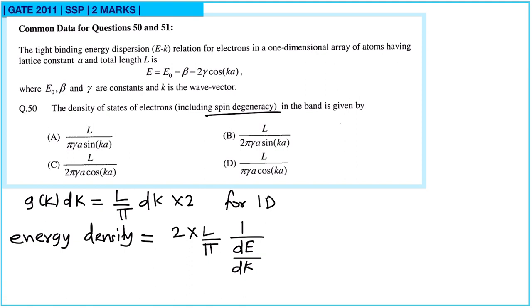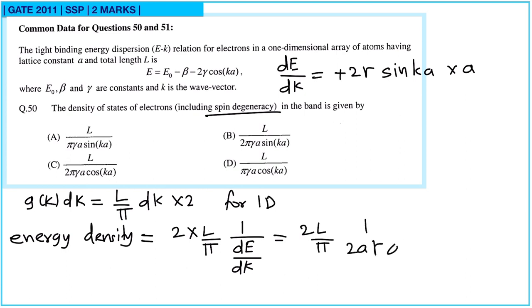So for that purpose we need to differentiate E with respect to k. So let us differentiate it. dE by dk is equal to d by dk of E. E0 is constant, beta is constant. So that will be minus 2 gamma cos Ka, and this minus will become plus, into a, because we are differentiating with respect to k. So then the energy density will be 2 into L by pi into 1 upon 2a gamma sin Ka.